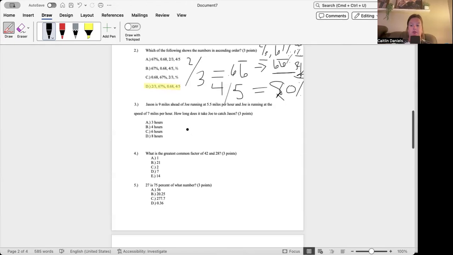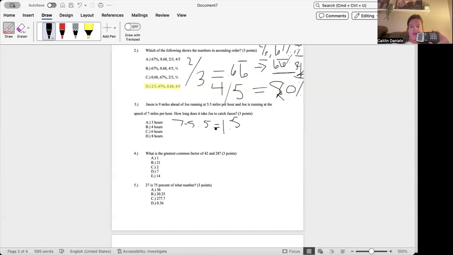So we're going to do 7 minus 5.5, which I believe is 1.5, but let me just make sure because I'm a little nerdy. Yep, 1.5. So that equals 1.5.